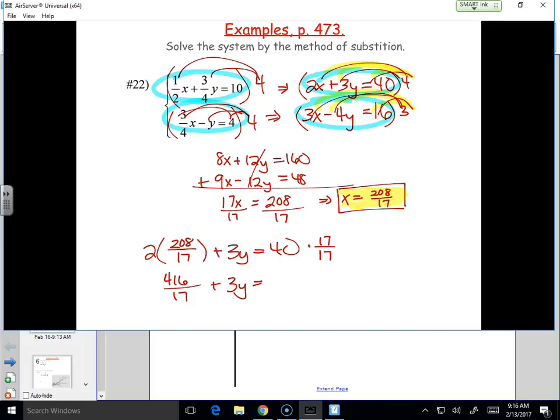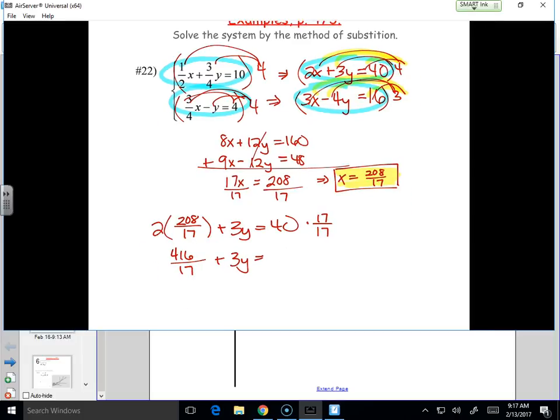Calculators that solve the equations. Oh, yeah. That's right. 17 times 40.